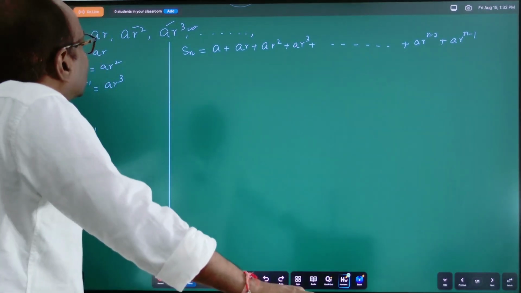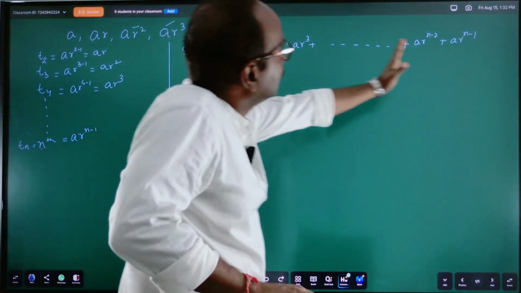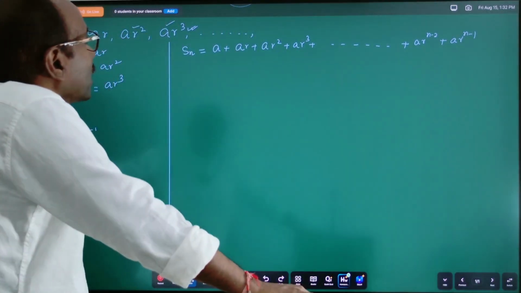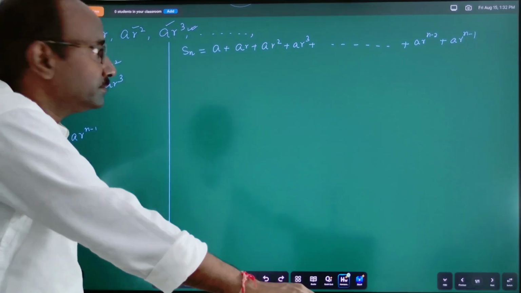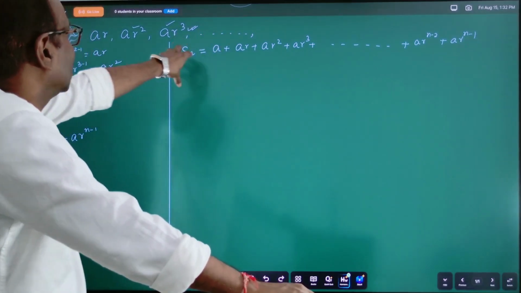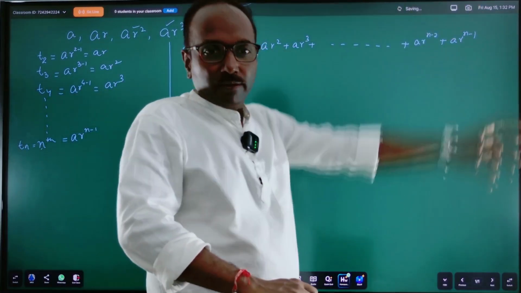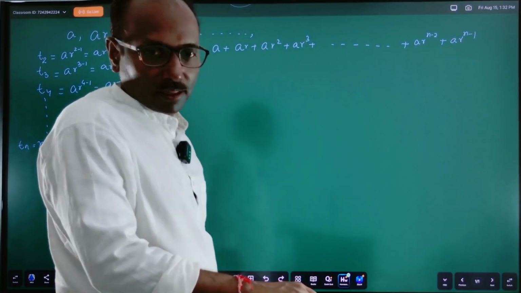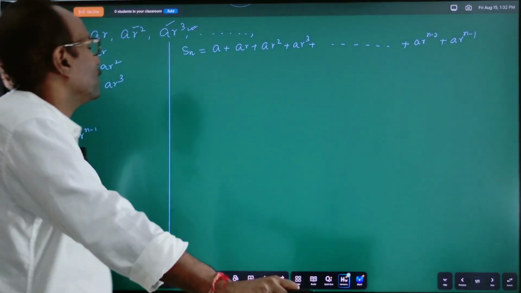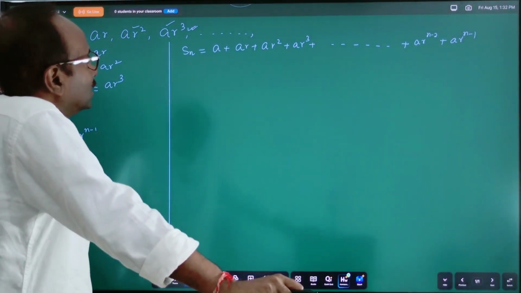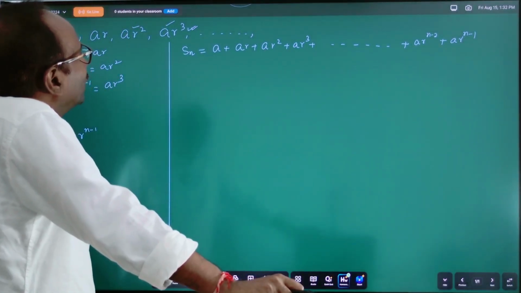So can we sum these numbers like this? It is very difficult. Even if the digits are given, like 2, 6, 12, 24, like this till n, it is very difficult to sum up. So what should be the way to find it?